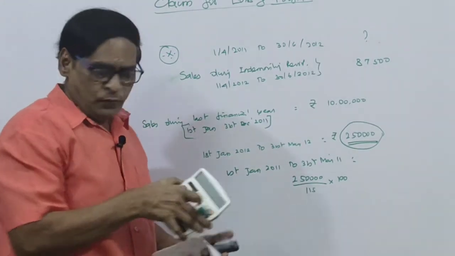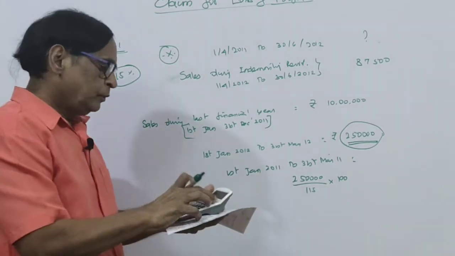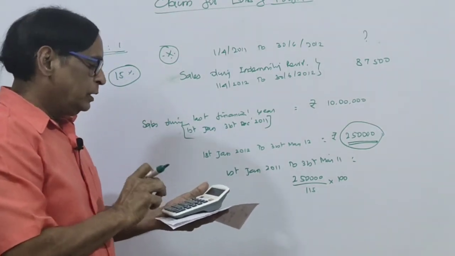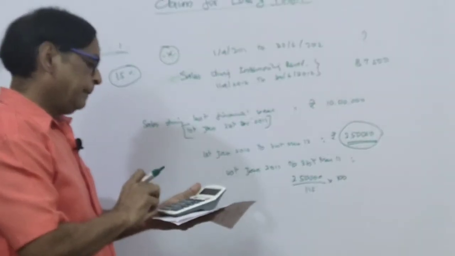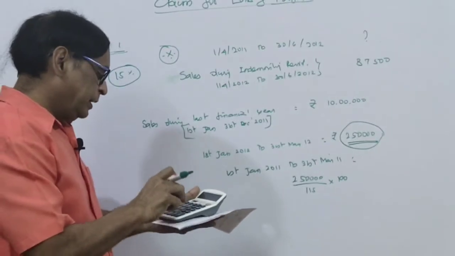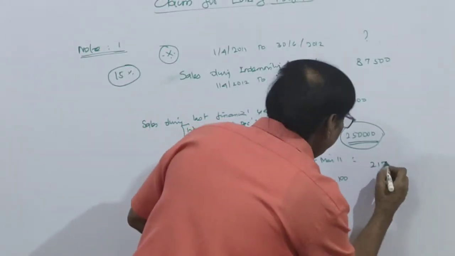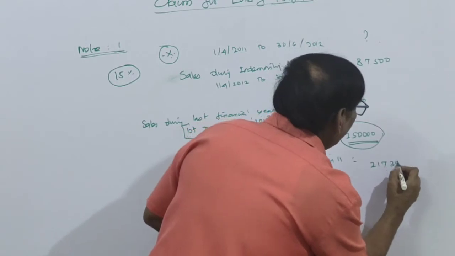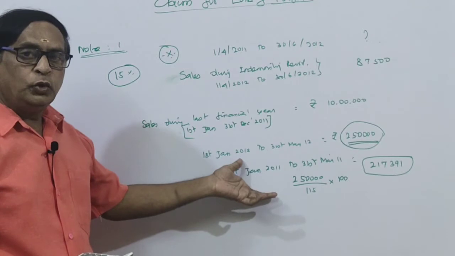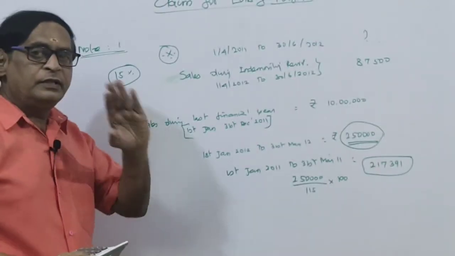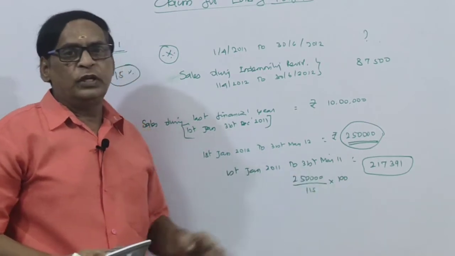You can calculate now. 2,50,000 divided by 115 into 100. So the sales will be 2,17,391. Understand? This figure belongs to the previous year's first 3 months, I mean January 2011 to 31st March 2011.